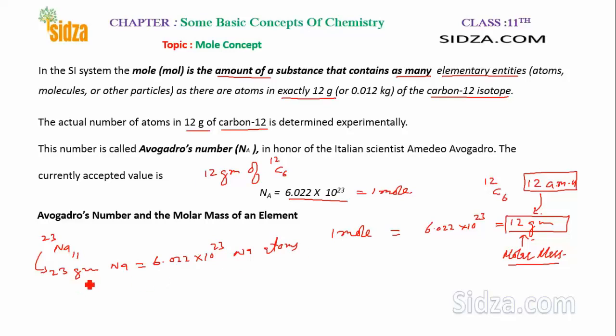Which means 23 grams of the sodium will be equal to 1 mole of the sodium. Hence, atomic mass of an element expressed in grams is the molar mass of the element.